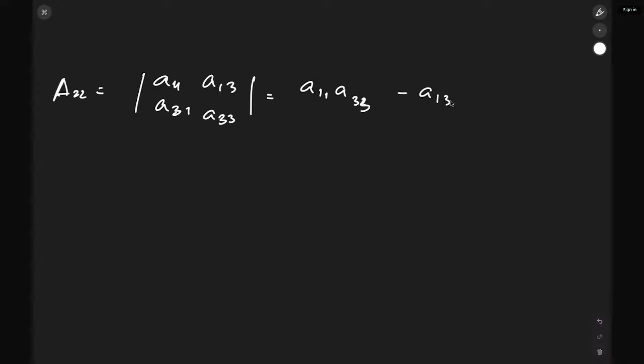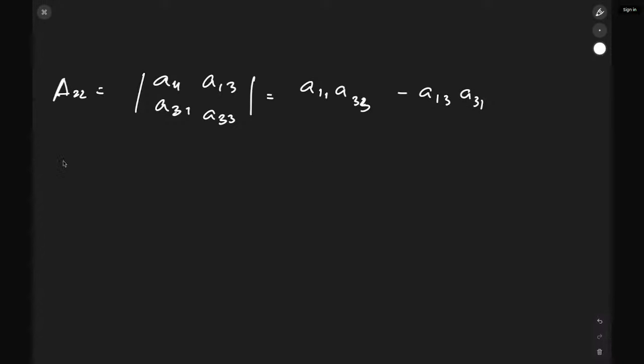Next up, we'll do the same thing for A22. Since the summation is even, I'll ignore the minus 1 part, and it will be A11, A13, A31, and A33. So it will leave me with A11 A33 minus A13 A31.